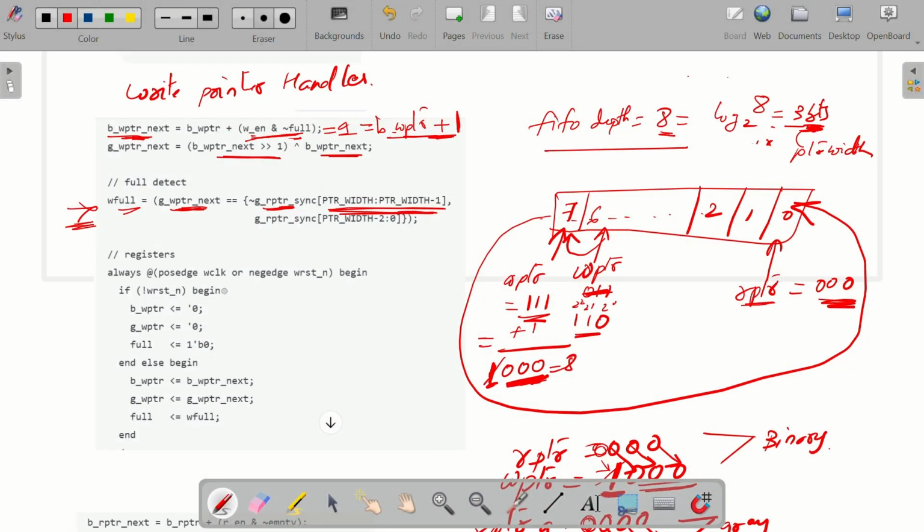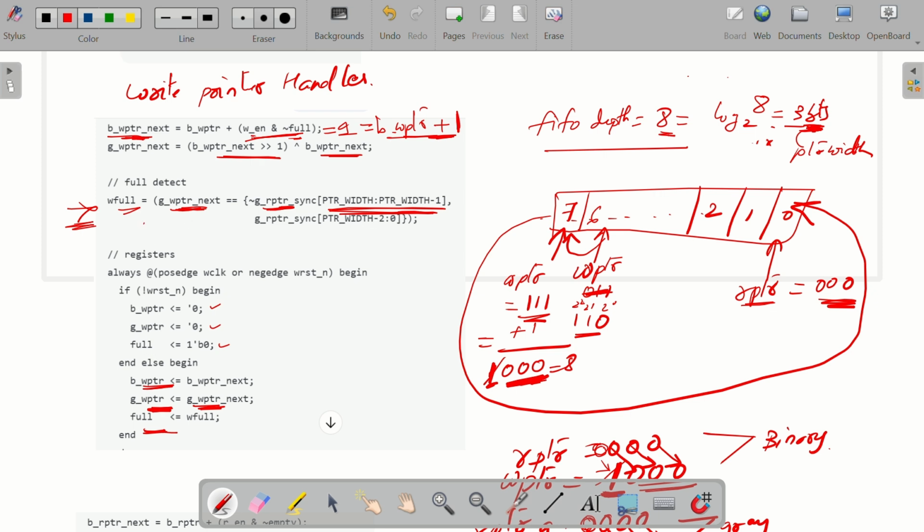So now at every posedge of clock and every negedge of reset, you check whether your reset is asserted. If reset is asserted, your binary pointer, gray pointer, and your full flag, everything is given the value 0. Else, the updated write pointer, that is the write pointer plus 1, is updated. That binary pointer is then converted to gray. So the gray pointer is also updated with the pointer next value, and the full flag is also updated.